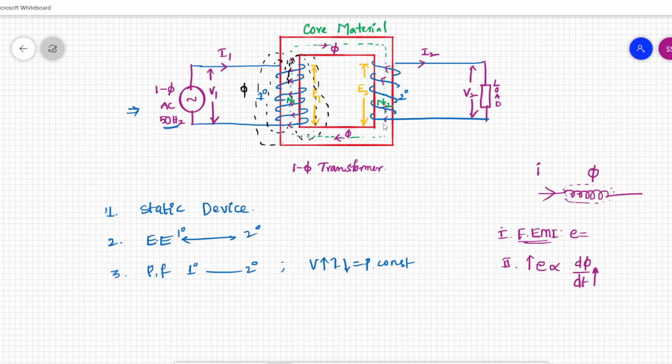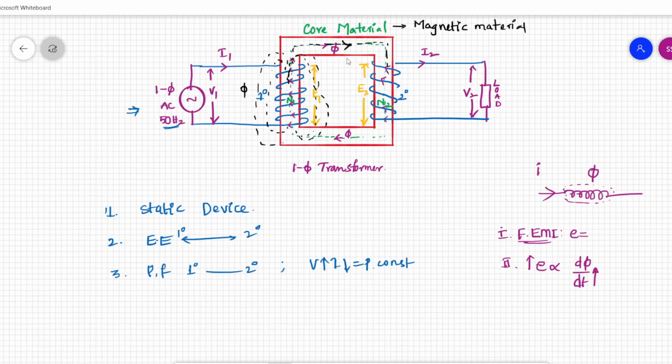This red square I have drawn is the magnetic core, which I have written as core material. This is a magnetic material, and a magnetic material has the property to allow flux to flow through it. So this induced flux in the primary coil will flow through the core material.